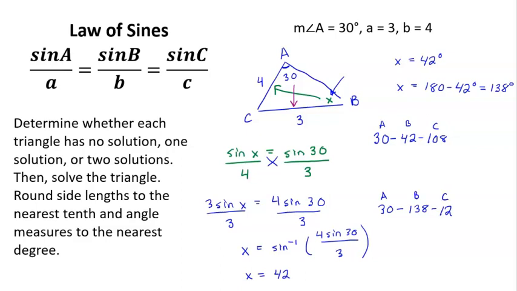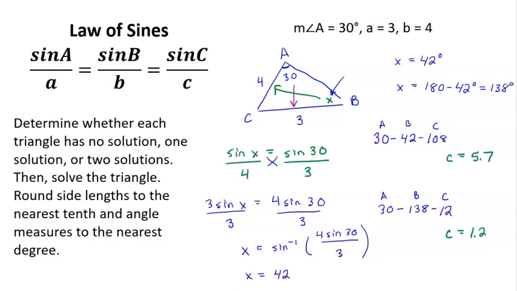So you can draw out those two triangles if that helps you out with building out your proportions to figure out what the lengths would be for C. And so with this first triangle, the length of C would be 5.7. And then for the second triangle, C would have a length of 1.2.